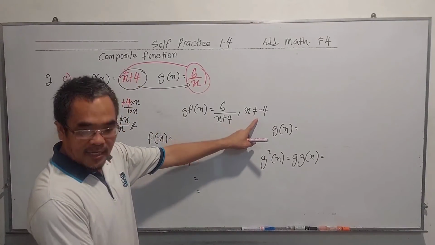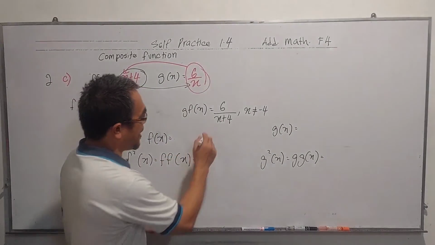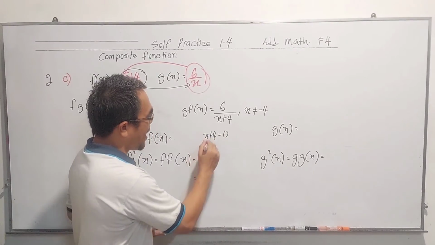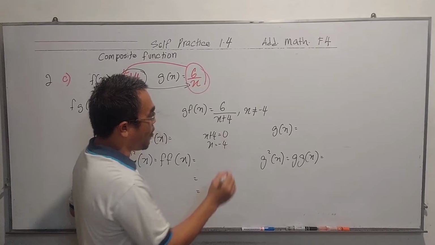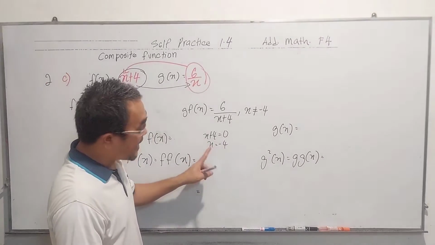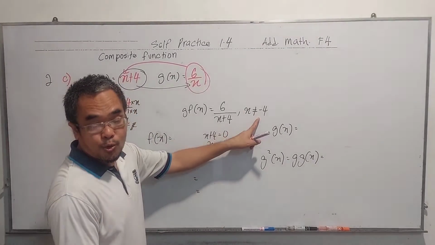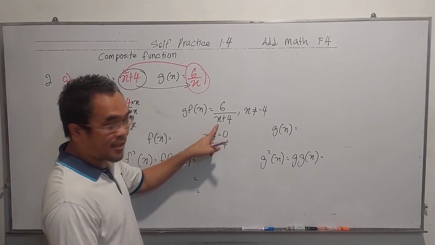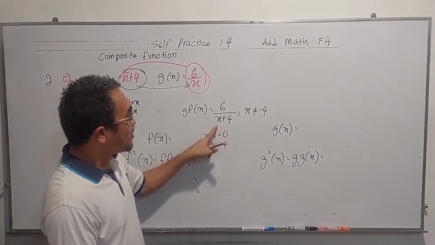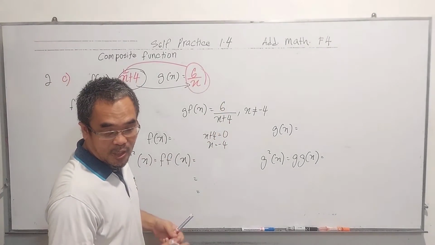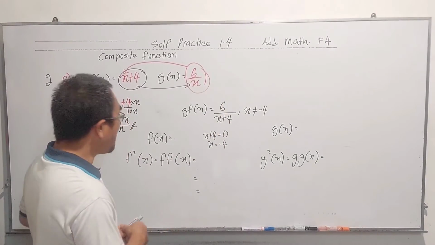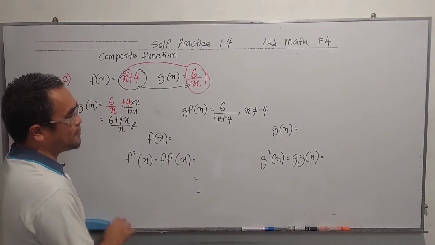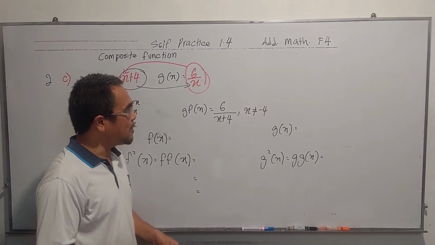How do I get this value? You have to say x plus 4 equals 0. So x is -4. So you should write x is not -4, because if you replace x with -4, then you get 0 downwards here. So 6 over 0 will be math error. Math error means that you cannot take the function.